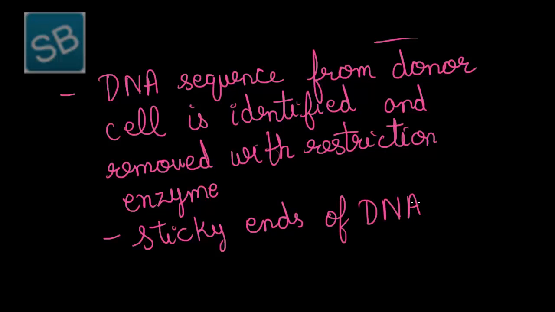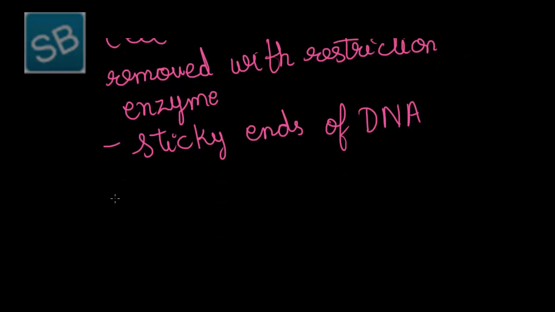During the process of recombinant DNA technology, the DNA that is cut by the restriction enzyme generally cuts in an asymmetrical manner, producing the sticky ends of DNA. With the help of these fragments, the DNA is able to create a complementary sticky end that is parallel to each other.